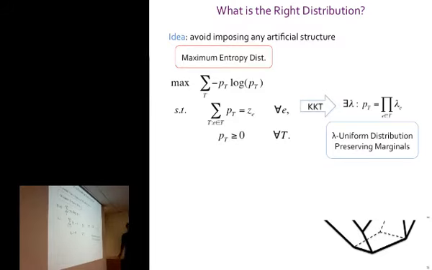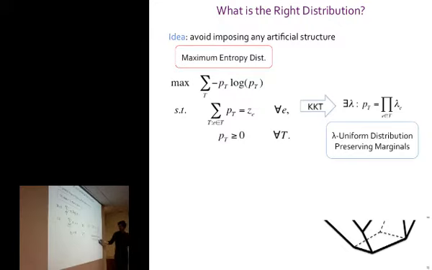What is the benefit? If you look at this convex program and write the KKT conditions, you can show that at the optimum solution, the probability of each tree is a product distribution. So there are weights lambda you can assign to the edges, such that the probability of each tree is equal to the product of the lambdas of its edges.